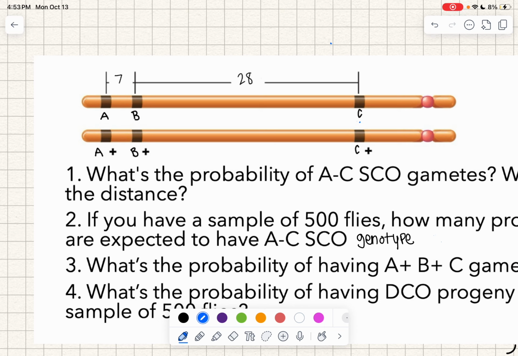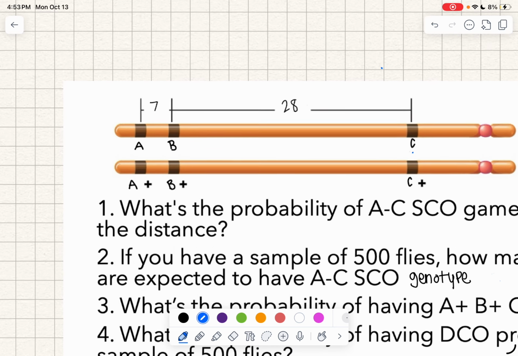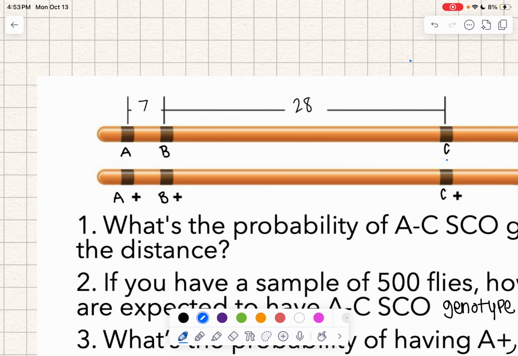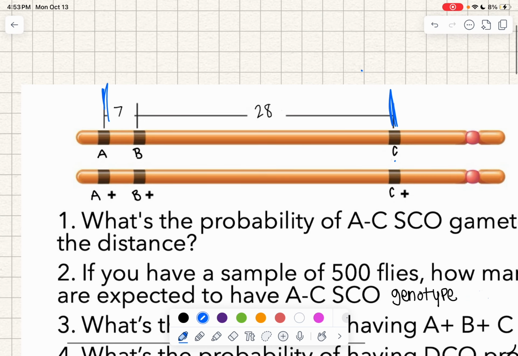If we go back and look at this map of chromosomes, A is here, C is here. The distance between those two is the percent of gametes that will have that recombination.